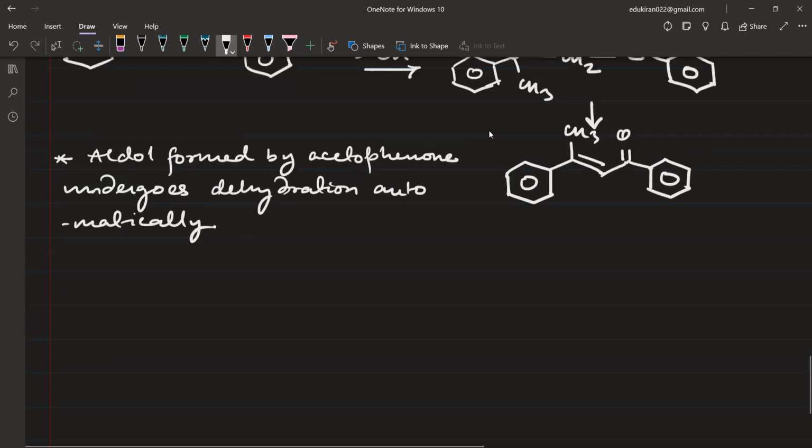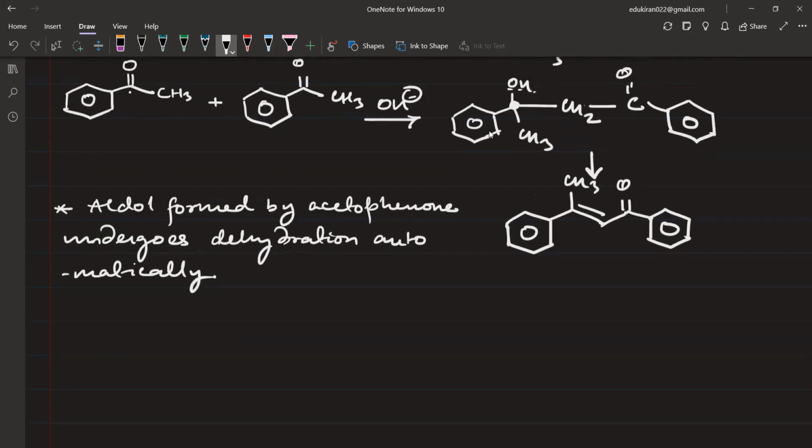Right, next point. HCHO, formaldehyde. Then you have benzaldehyde, a benzene ring with a CHO group.